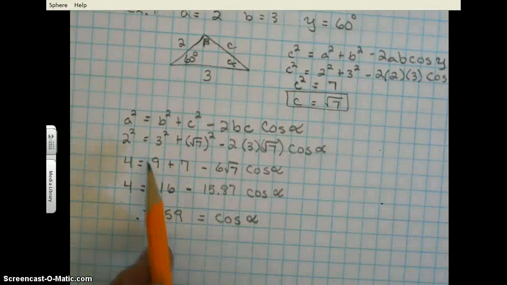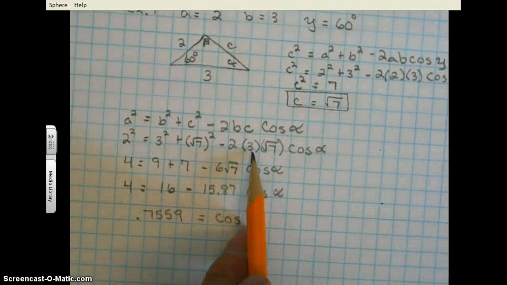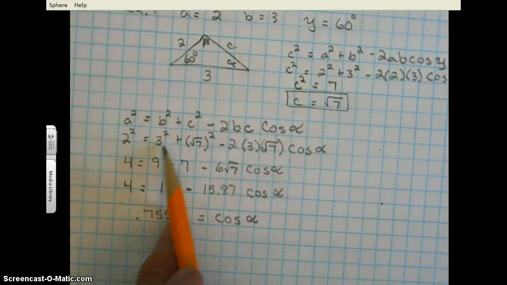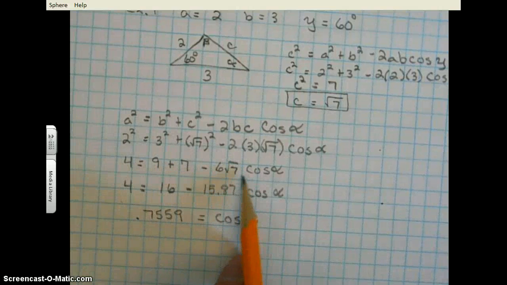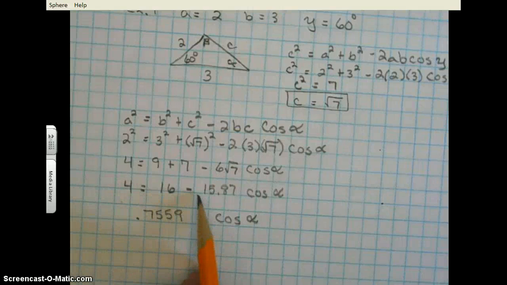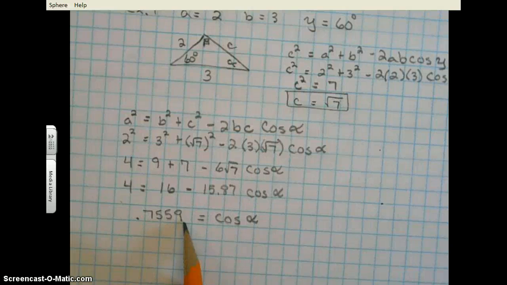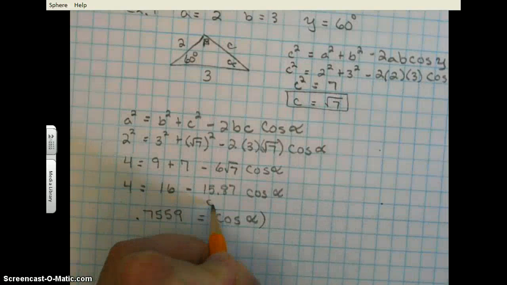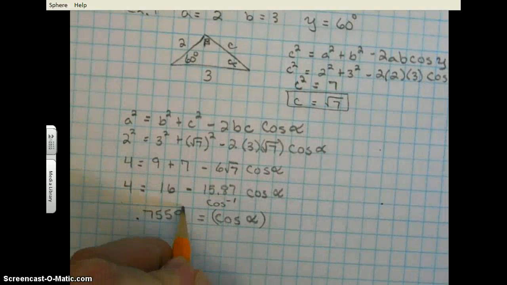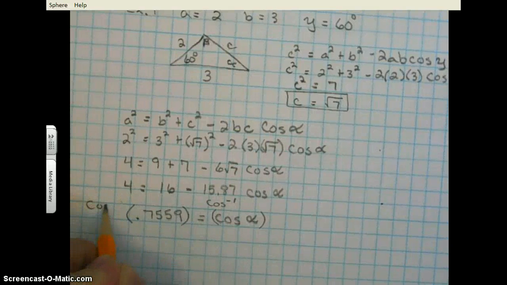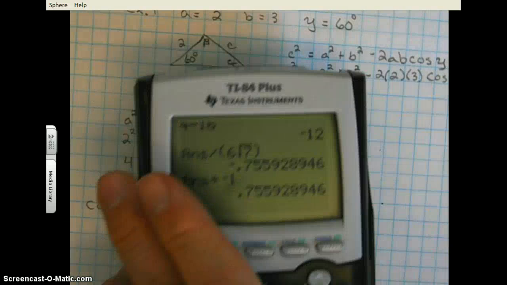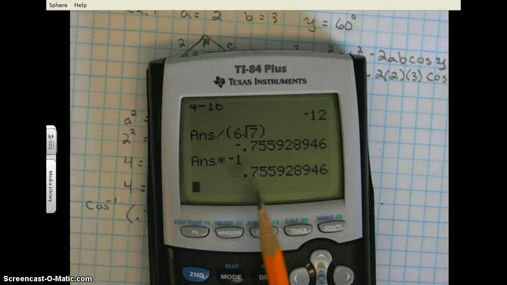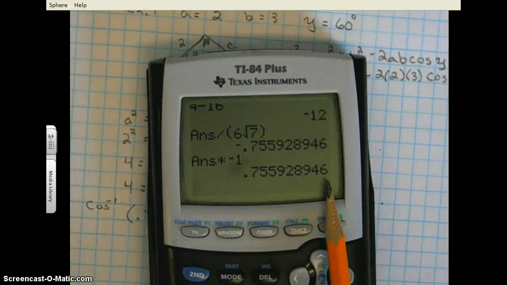Okay, so doing the math, plugging the numbers in, doing the math. Hopefully you don't have any problems with this part. We're going to end up with 0.7559 equals cosine of alpha. So remember, to solve for alpha here, we need to take the inverse cosine on both sides. So on our calculator, this is the actual number with all the decimals.